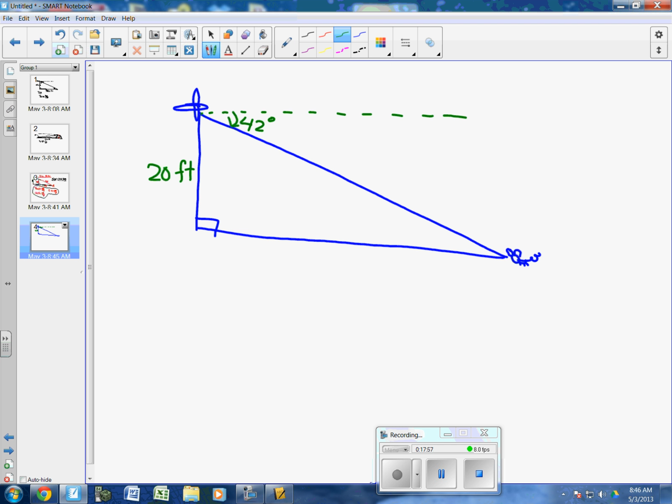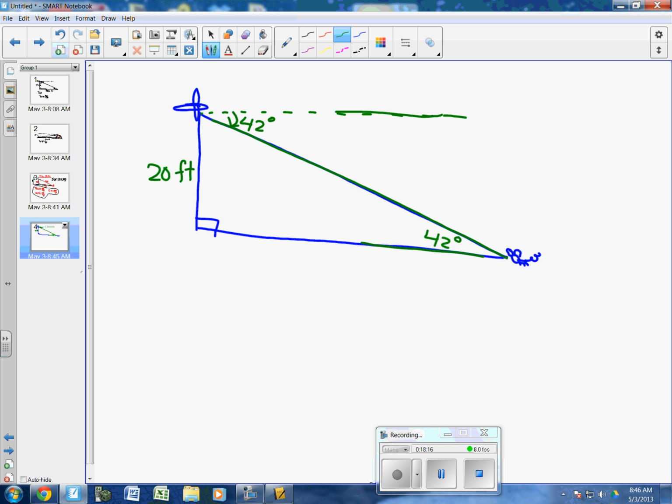Which is the same as this angle right here, because this line is parallel to this line up here, and this is like a transversal going to it, and this is a pair of alternate interior angles, okay? We're supposing the ground is flat on this, okay?